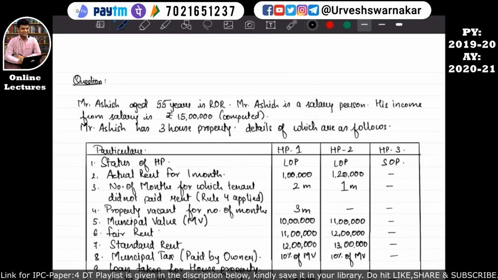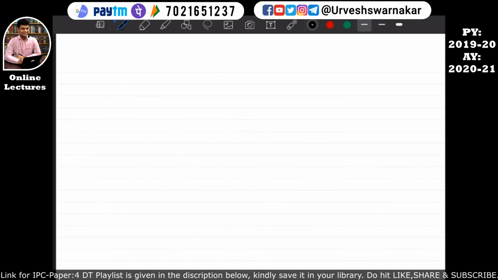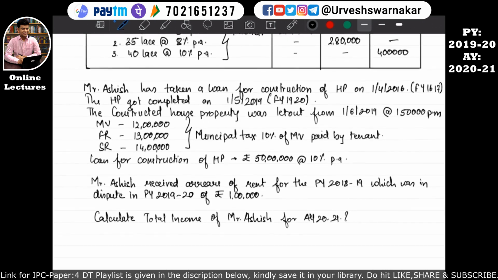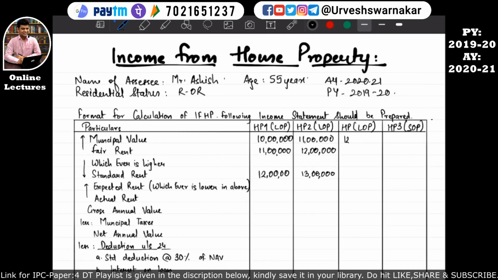And for house property 2, the municipal value is 11 lakhs, the fair rent is 12 lakhs, and the standard rent is 13 lakhs. In case of the constructed house property, we'll feed the details: municipal value is 12 lakh, fair rent 13 lakh and standard rent 14 lakh. I hope this is quite clear to you all.